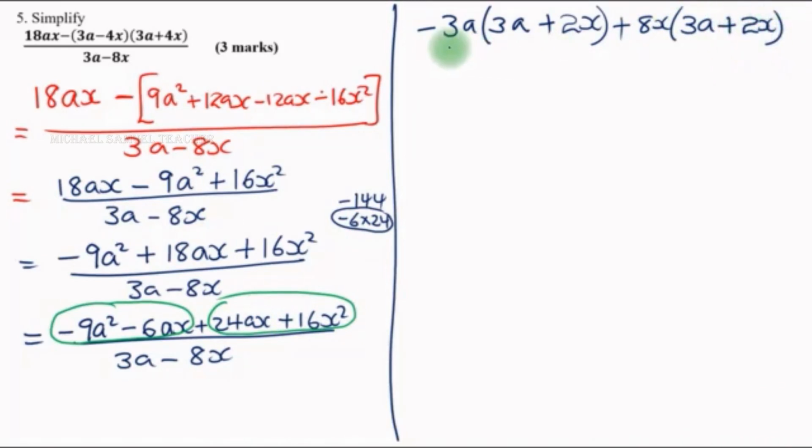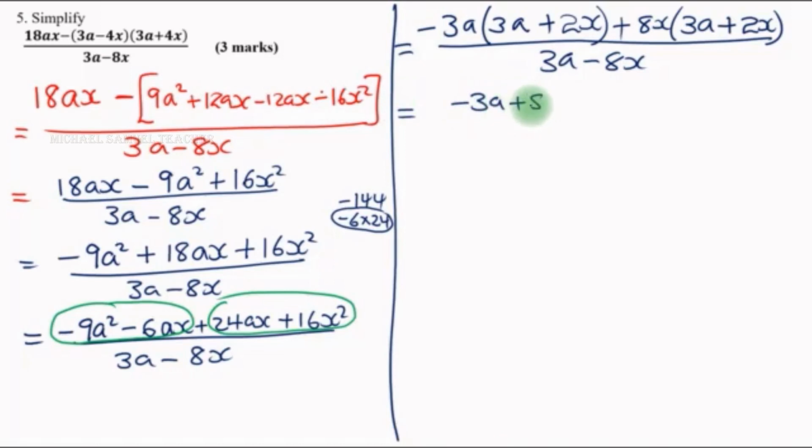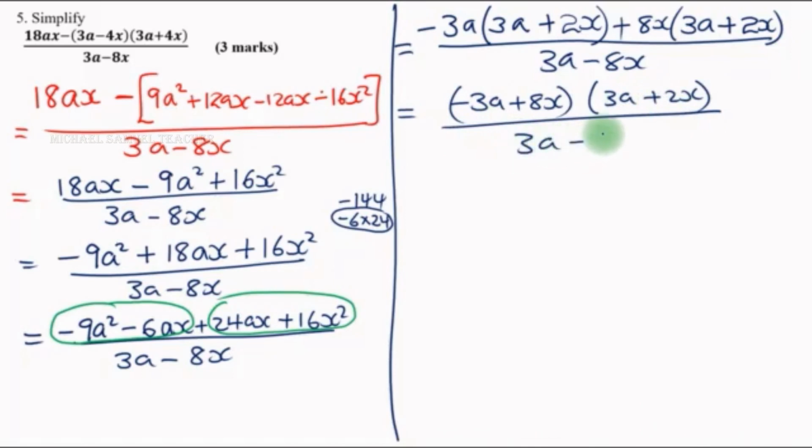Close the bracket, then everything all over 3a minus 8x. Then from there, this will be the same as minus 3a plus 8x multiplied by 3a plus 2x, all over 3a minus 8x.